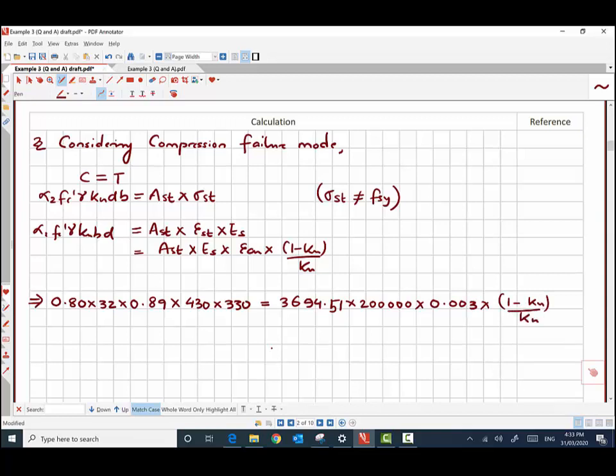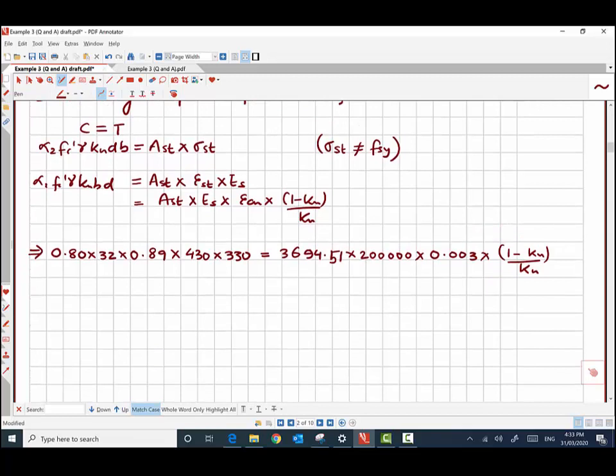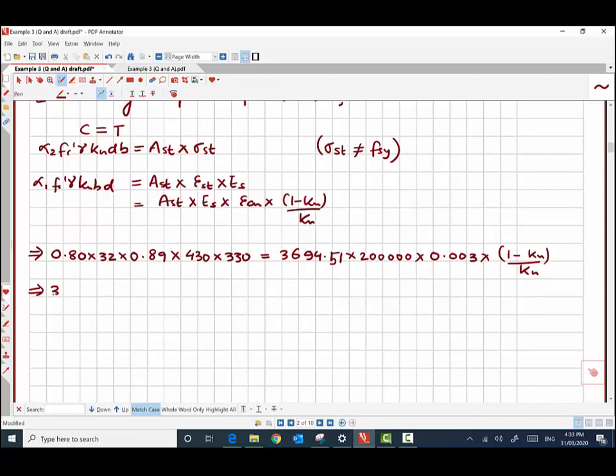Now this equation is quadratic in Ku, so we can simplify it and we'll see that it is quadratic in Ku. So just rearranging the equation.